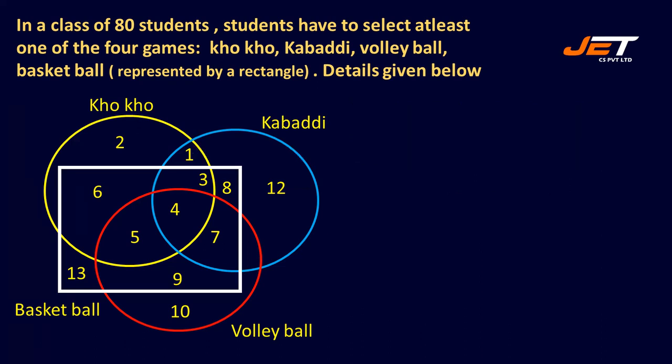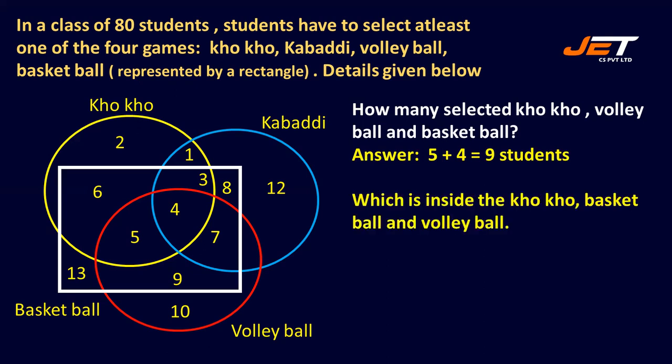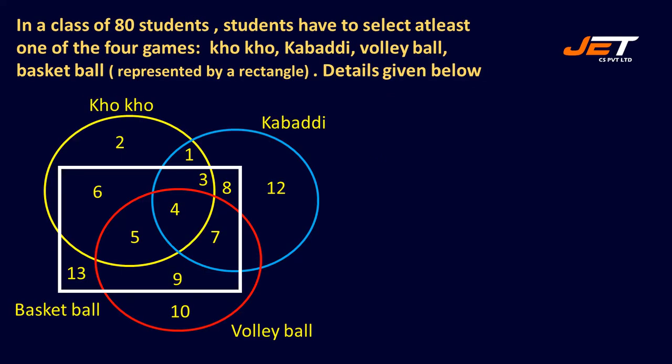It is 1. Right. And how many selected Kho-Kho, volleyball, and basketball? It is none other than 5 plus 4 is 9 students. And which is inside the Kho-Kho, basketball, and volleyball? Right? Yes.